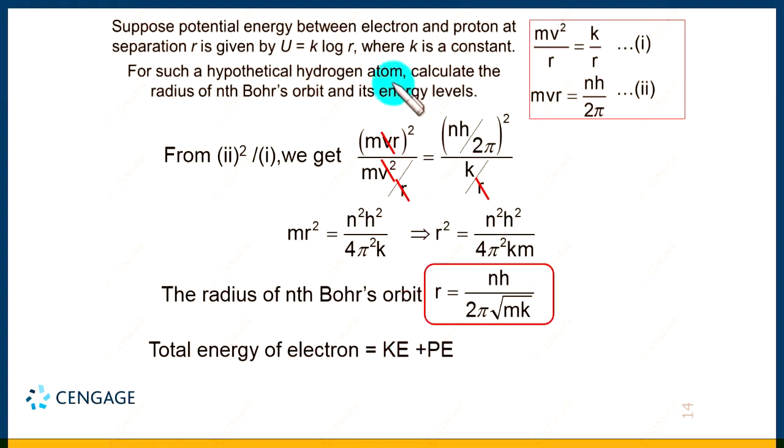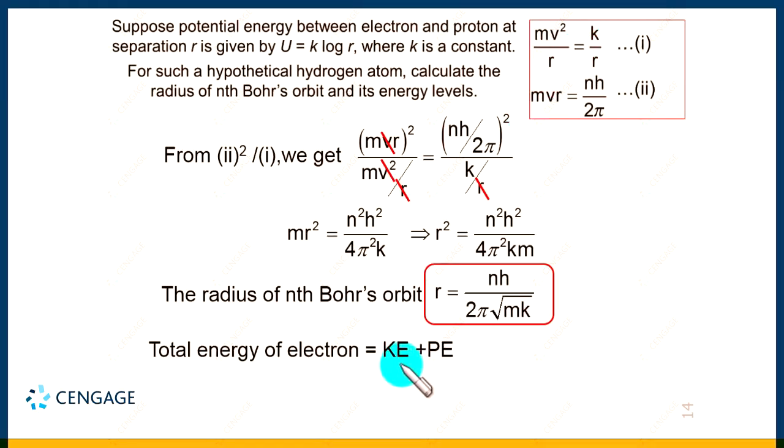And potential energy relation we have been given, that is equal to k log r, right? And we know the kinetic energy here, this is mv square equal to k. So we can write 1 by 2 mv square equal to k by 2. So we got the kinetic energy.